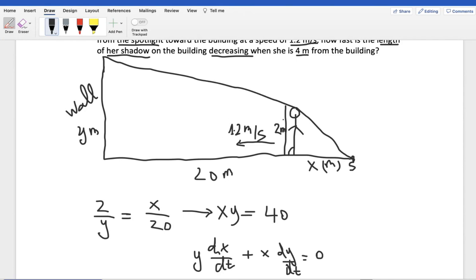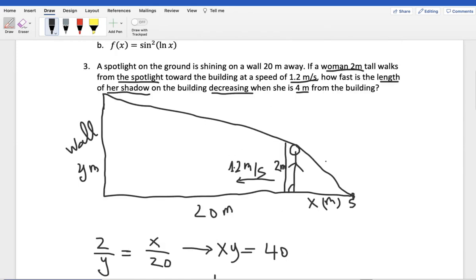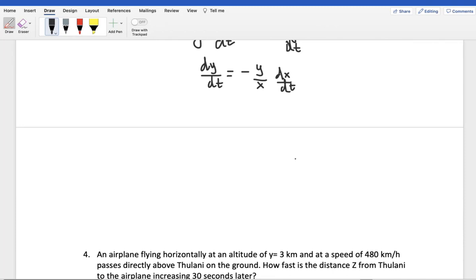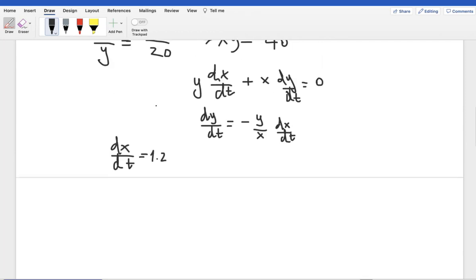So that's the change in x, right? So clearly we can see that dx/dt is equal to 1.2, right?